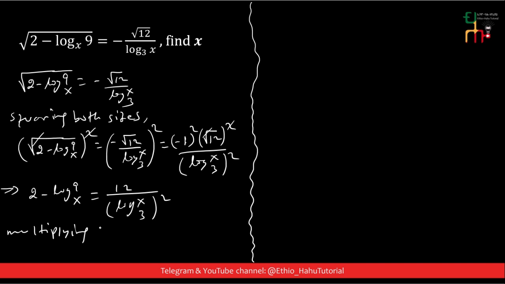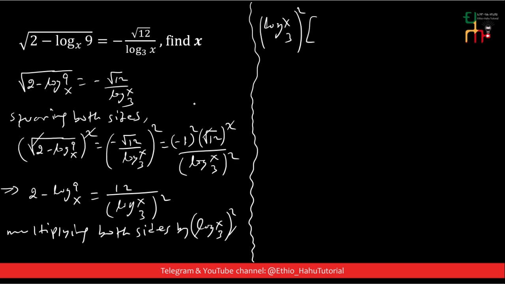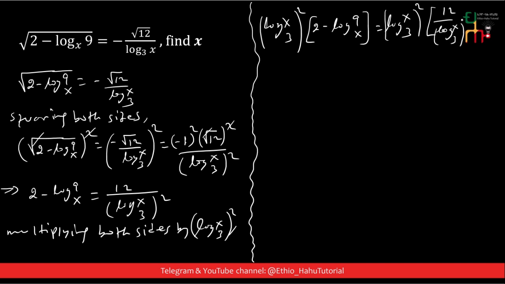Multiplying both sides by logarithm of x to the base 3 squared, we have logarithm of x to the base 3 squared into 2 minus logarithm of 9 to the base x is equal to logarithm of x to the base 3 squared into 12 over logarithm of x to the base 3 squared.